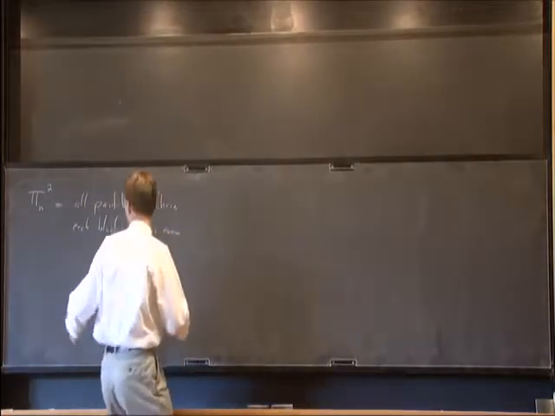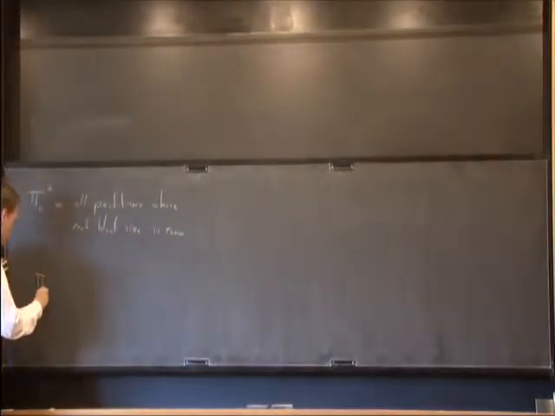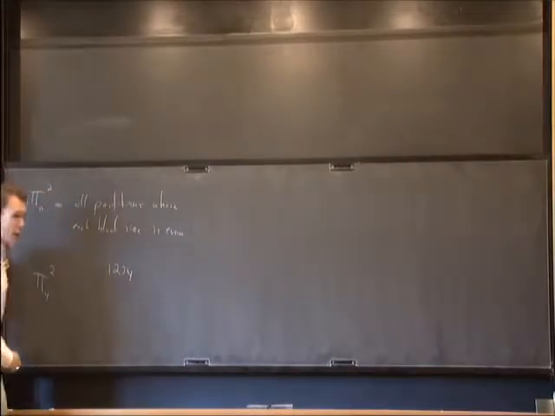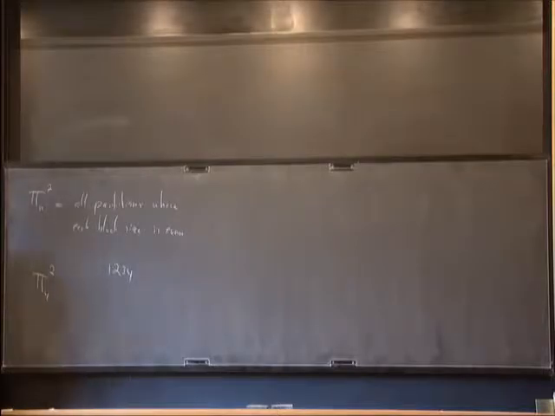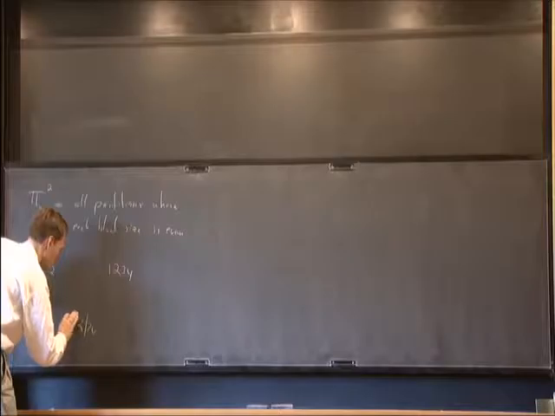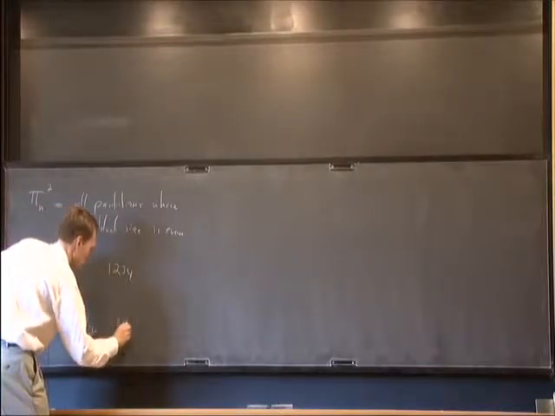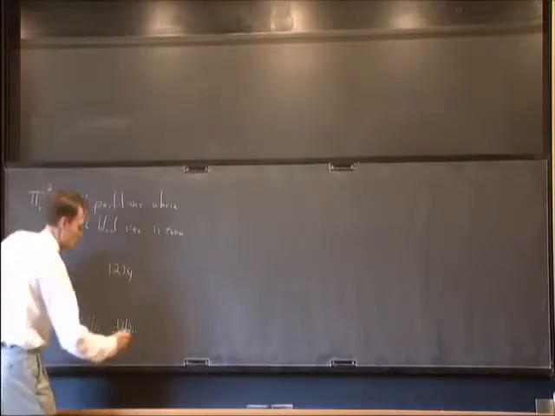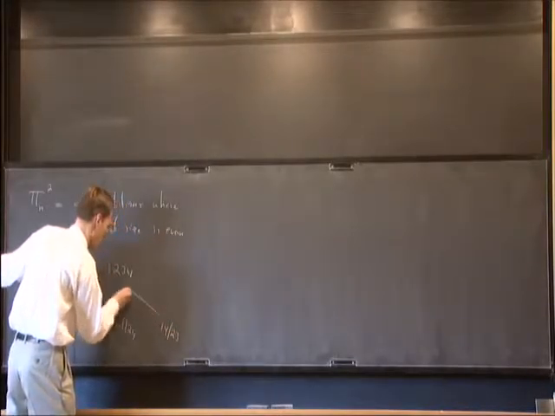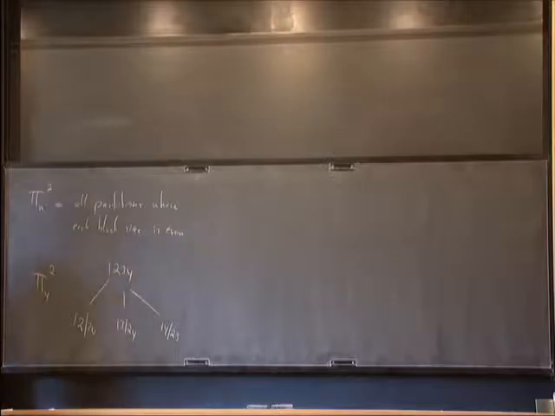So if we draw it, pi 4, 2: I have the maximum block, everything in 1 block, and 4 is even. I can have 1, 2 | 3, 4. I can have 1, 3 | 2, 4, and 1, 4 | 2, 3. And that's all I can have. That's all the partitions on 4 elements where all the block sizes are even.